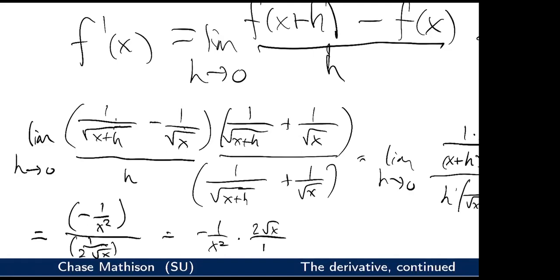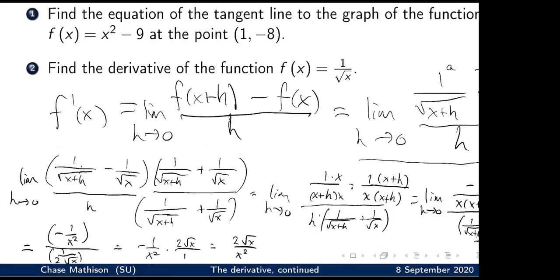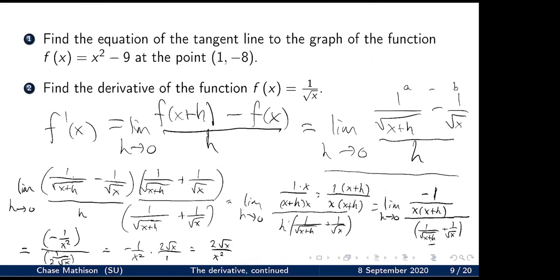And for now, that's where I'm going to leave it. You can simplify this, and we actually are going to simplify this in a minute when we're looking at the power rule. But in order to get to other things, I want to move on. Specifically, I want to look at problem 1 because that's something you're going to be doing a lot. Okay.